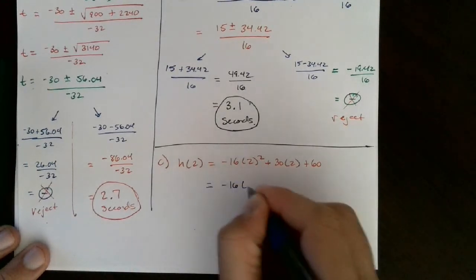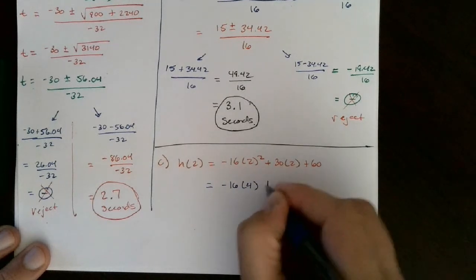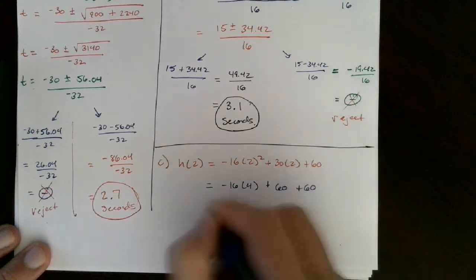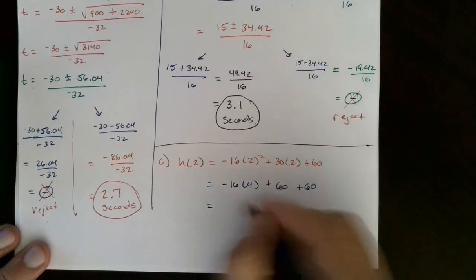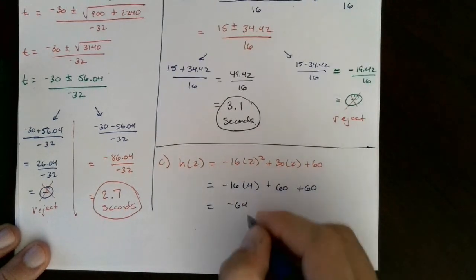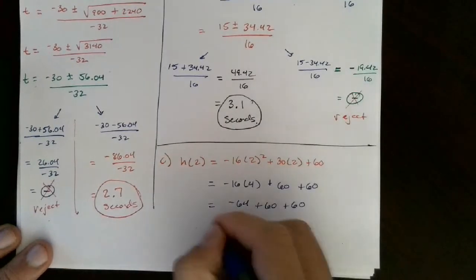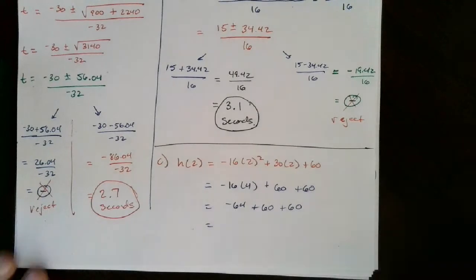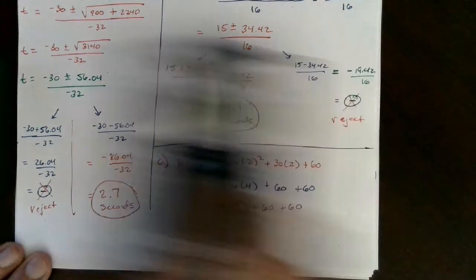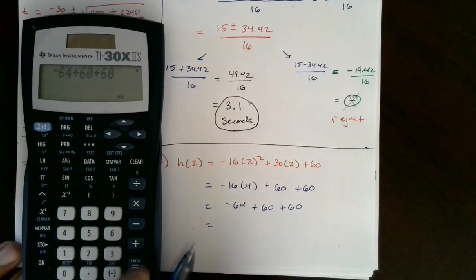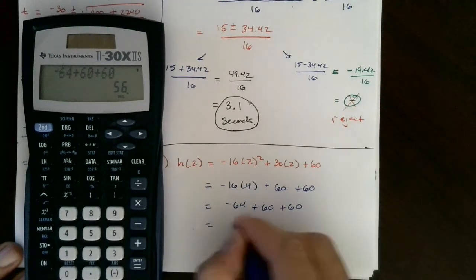We got negative 16 times 4, plus 30 times 2, we know is 60, plus 60. Negative 16 times 4 is negative 64. You can do that on your calculator if you're not sure. Plus 60 plus 60. And so if you were to add this up, negative 64 plus 60 plus 60, we get 56. So this is 56.